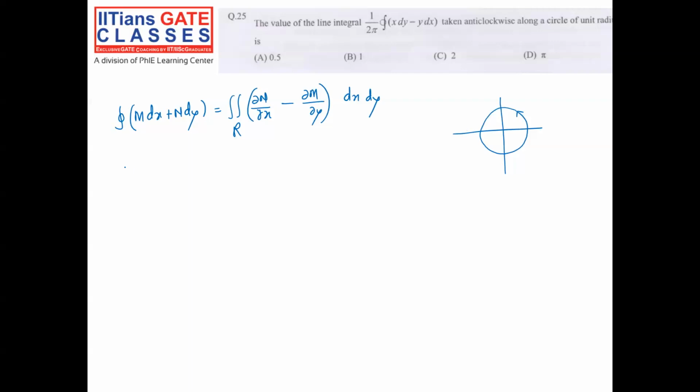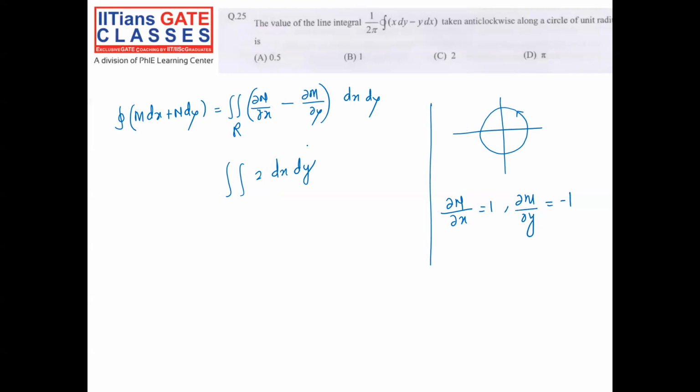So derivative of N with respect to x is 1, and derivative of M with respect to y is -1. So you will end up with double integration of 1 minus -1, which is 1 plus 1, which is 2. So I'll directly write here 2. Considering this, we can write it as 2 dx dy, with the limits in terms of x and y, from x1 to x2 and y1 to y2.